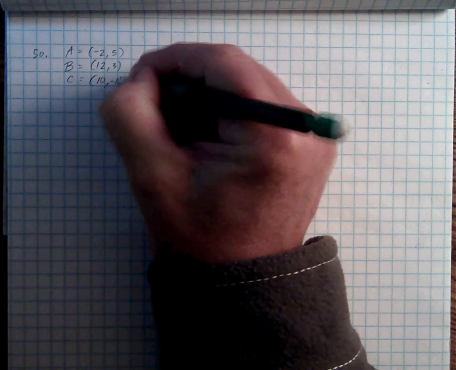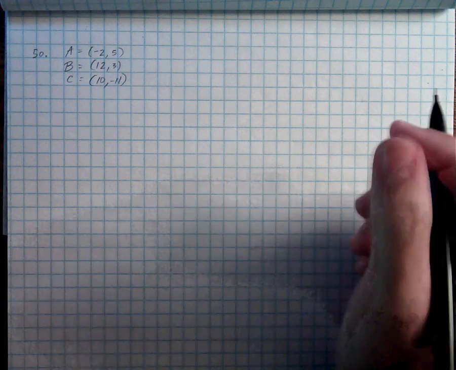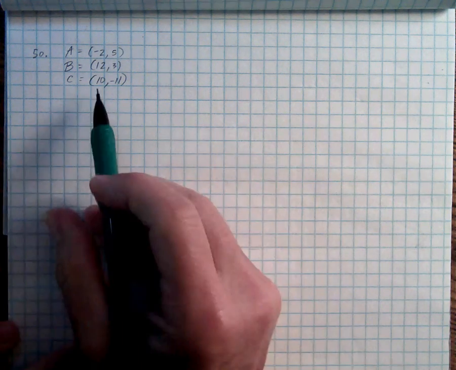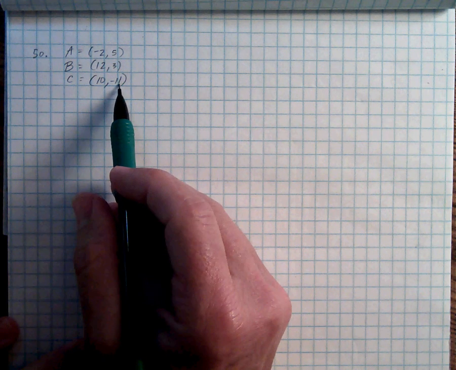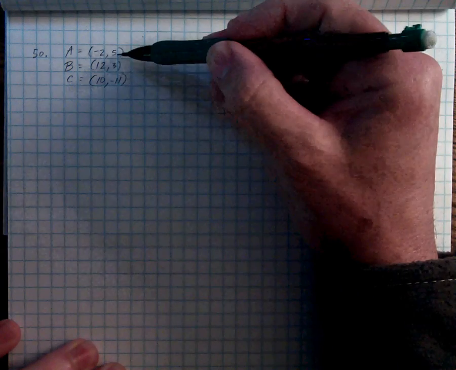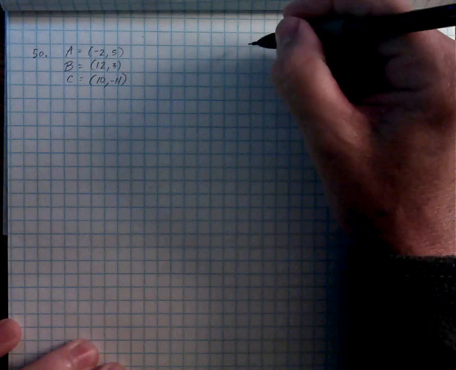And the directions say plot each point and form the triangle ABC, verify that the triangle is a right triangle, and find its area. So it looks like I've got to go all the way down to negative 11, and the highest I have to go is 5. So that's a total of like 16 units here if I'm going to draw this whole thing.